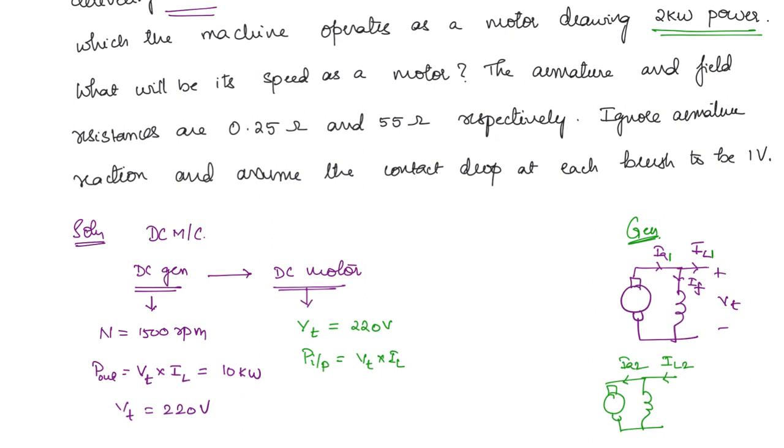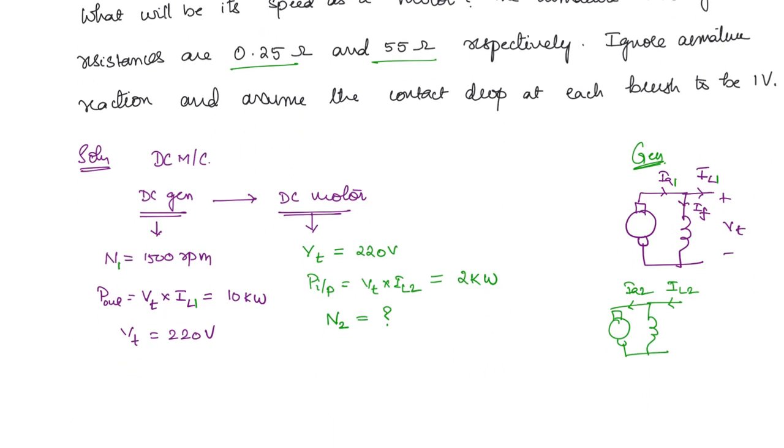So accordingly we will write here IL1. This is IL2. Okay, so this input power that it is taking from the bus bar is given as 2 kilowatt. Now what is it that we have to find? We have to find the speed. So this we will take N1 when it was working as generator, N2 while it was working as motor. So what is this? N2. Okay, and also we have the armature and field resistances. So you can write that will be same, it will not change, right?